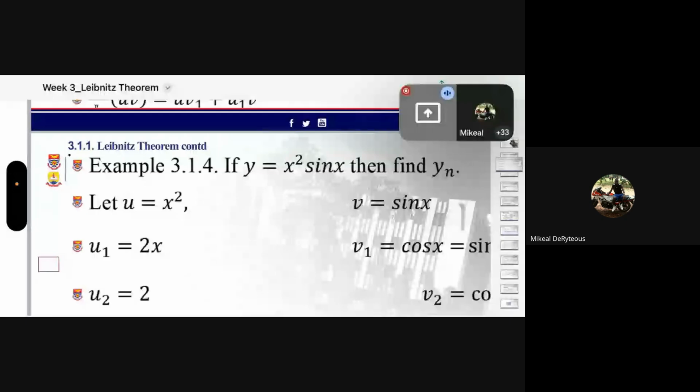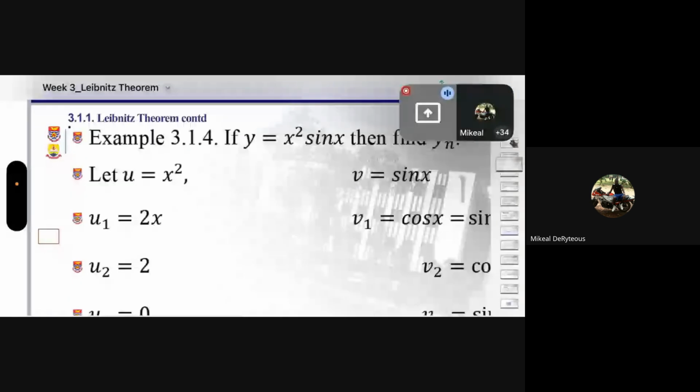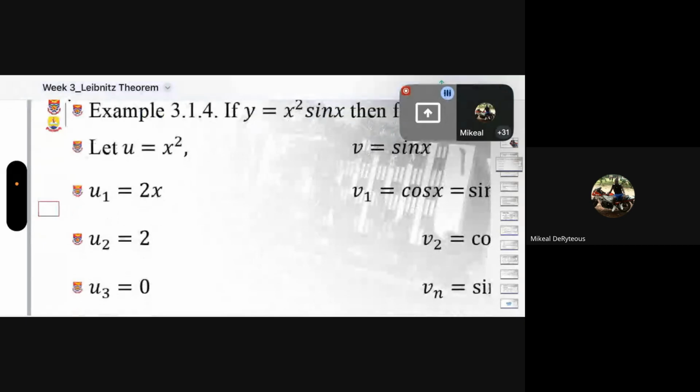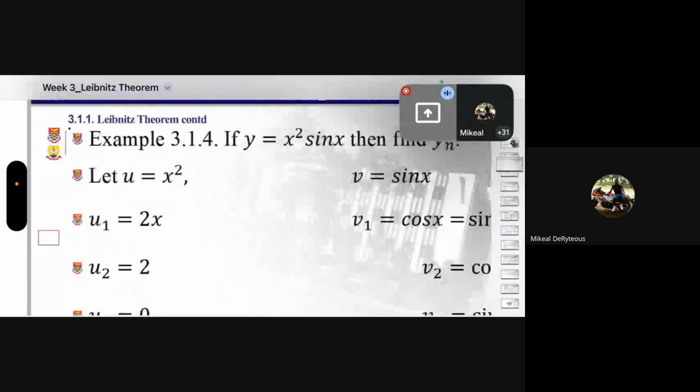Okay, so we have an example. For example, if I have y equal to x squared sine x, and I want to find the nth differential, I have to treat this as u and v, where u is x squared. When you find the first differential, it should be 2x. When you find the second differential, it should be 2. Then you come to the v, which is sine x.